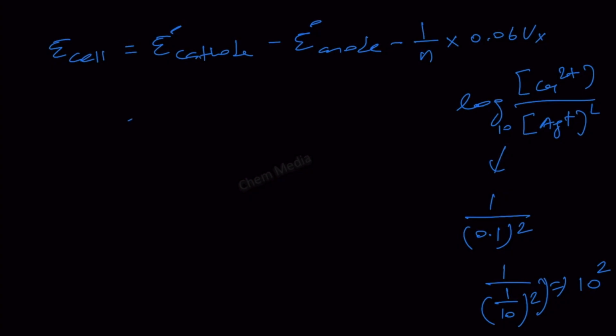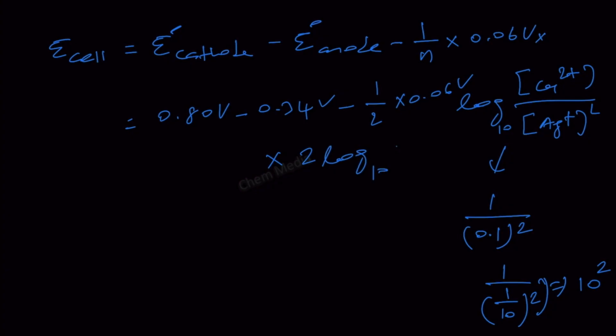So, therefore, this will be equal to E standard cathode, 0.80 volt, minus E standard anode, 0.34 volt, minus n factor is 2, times 0.06 volt, times this will be 2 log 10 base 10. So, this 2 we can cancel.